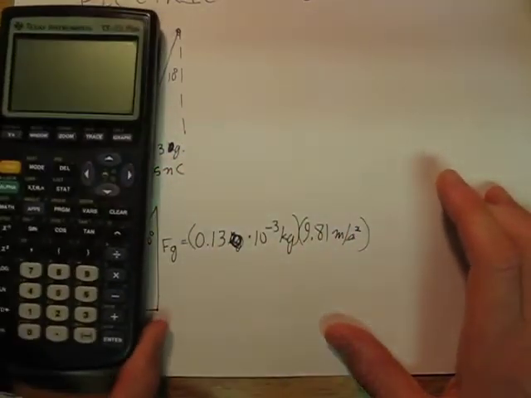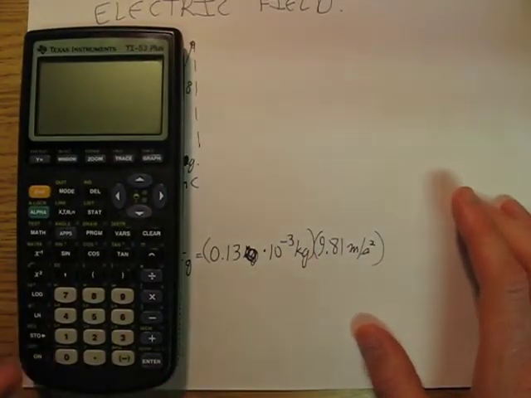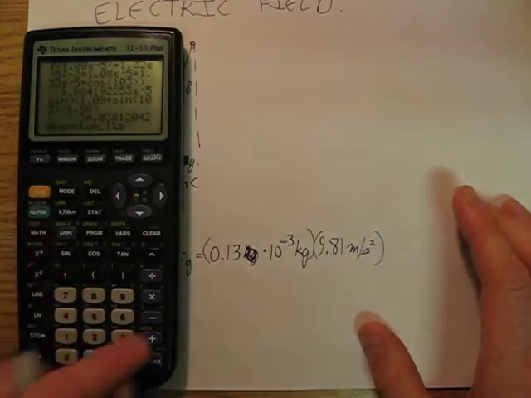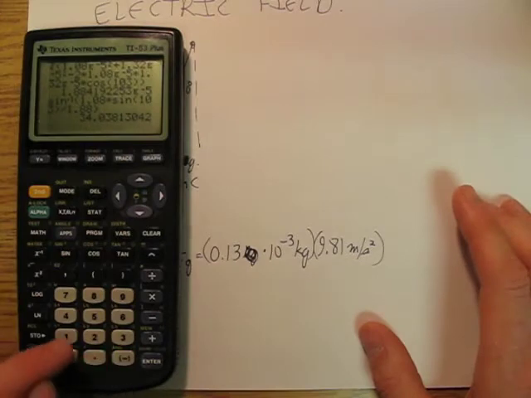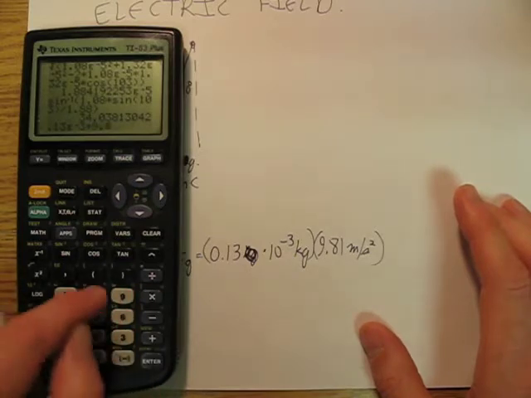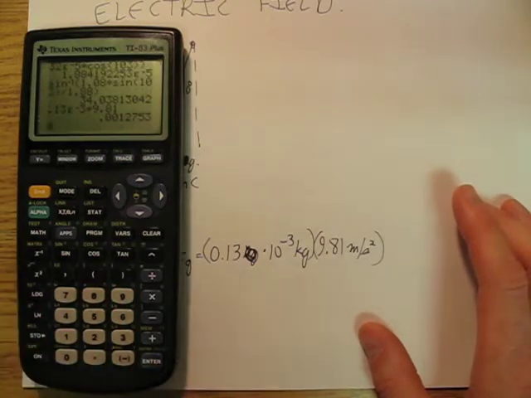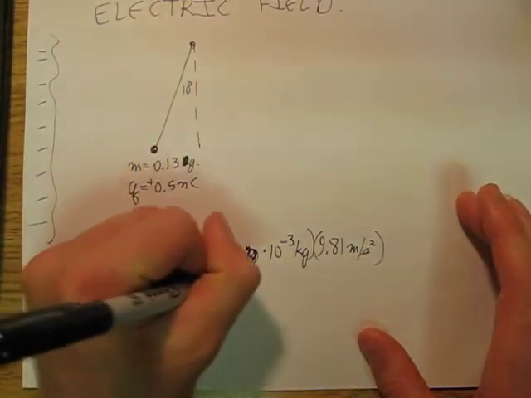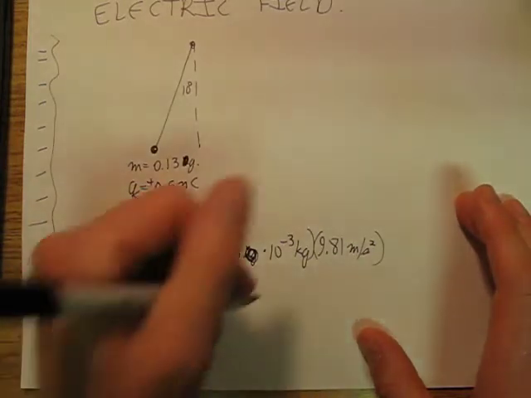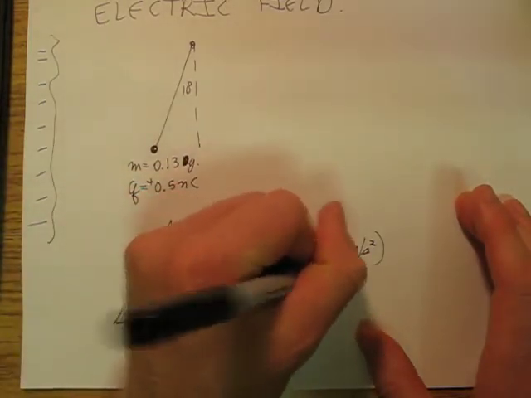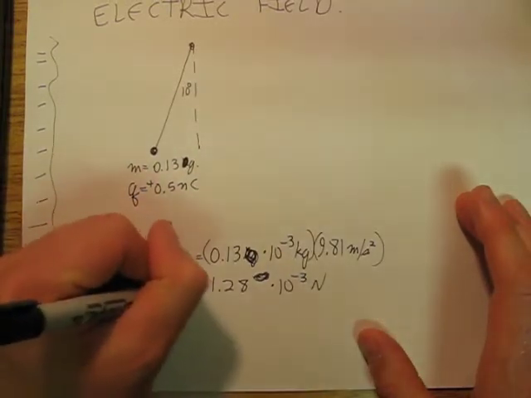So my force due to gravity is going to be 0.13 E negative 3 times 9.81. It's going to be 1.28 times 10 to the negative third newtons. That's my force of gravity.